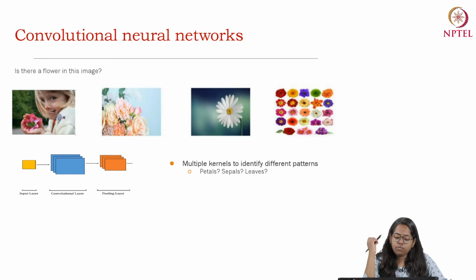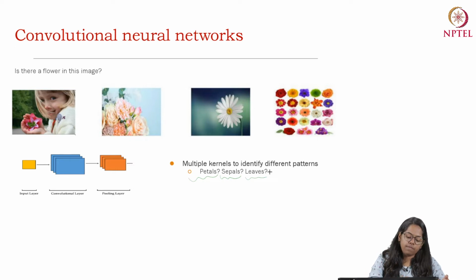So what we want is to have multiple filters or multiple kernels passing over the image so that different attributes of the image are captured. For example, here we have multiple kernels to identify different patterns. Maybe one kernel is used to identify petals in the image, one kernel is used to identify the sepals, and another is used to identify the leaves.